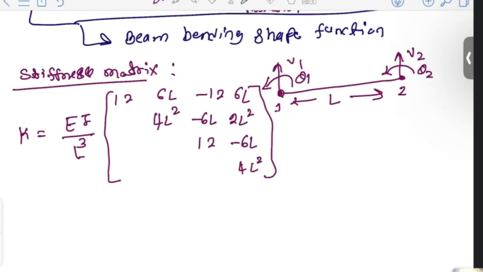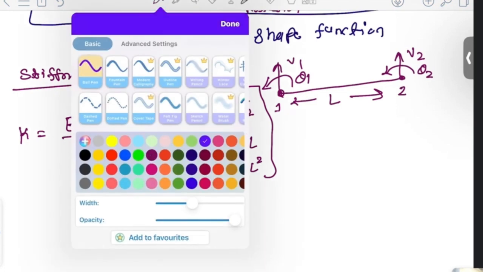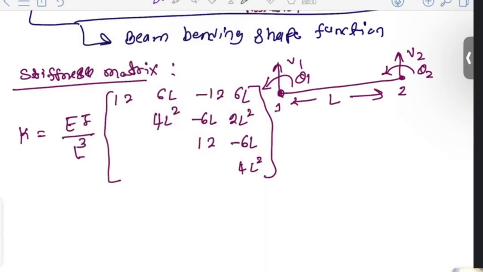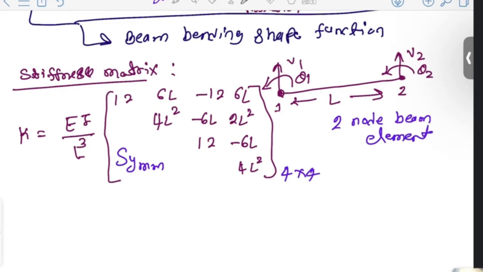I wrote only one side of the elements, and this will be symmetric. So it will be a 4 cross 4 matrix for this type of element. This is a two node beam element. Or I will write the full matrix also. This is a symmetric matrix.